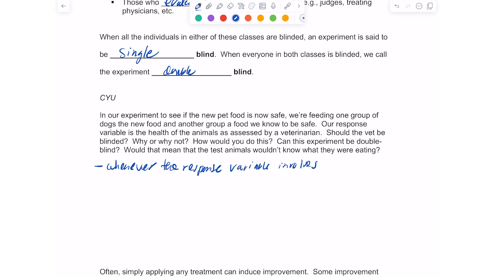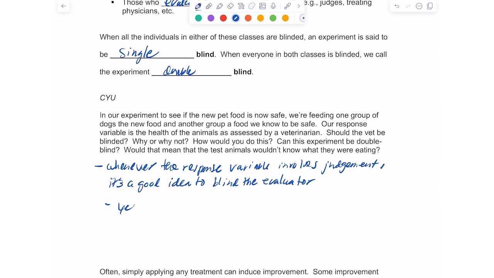So we'll try to summarize that here. Whenever the response variable involves judgment, it's a good idea to blind the evaluator so they don't know which patients are getting which treatments.